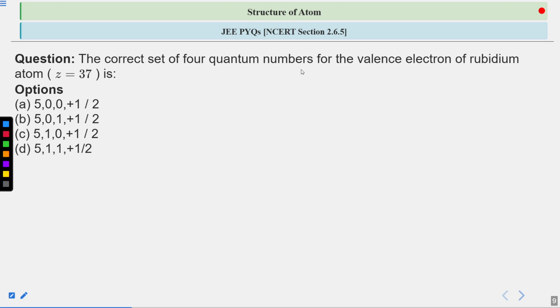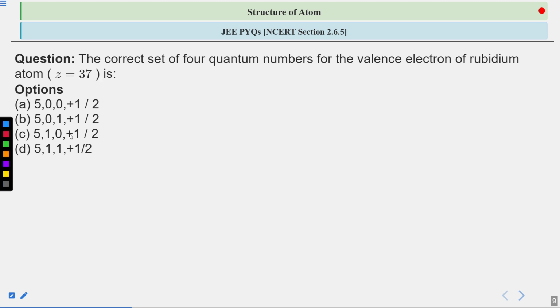So each electron is associated with 4 quantum numbers. That means 4 quantum numbers are possible for an electron. So you have to tell the correct set or correct values of the 4 quantum numbers for the valence electron of the rubidium element, whose atomic number is given as 37.